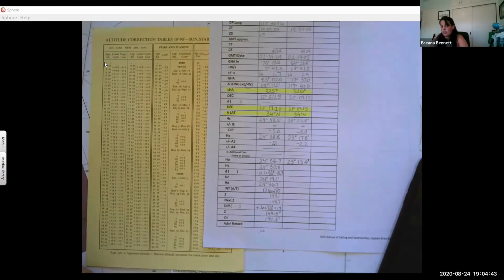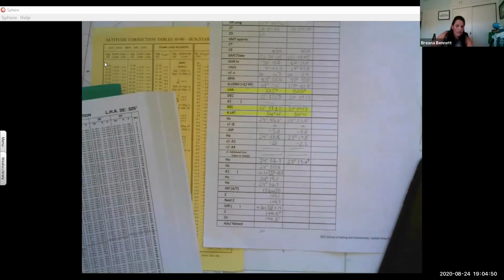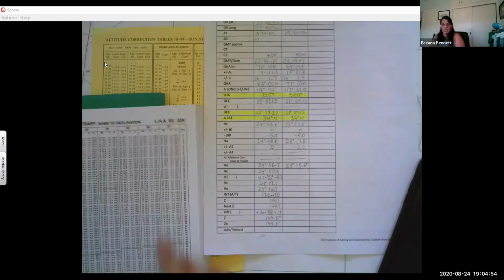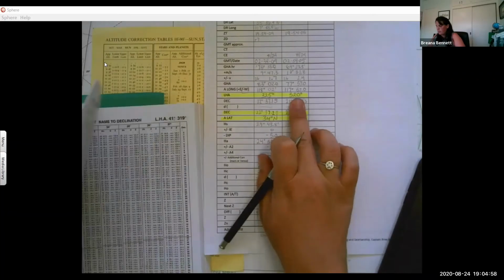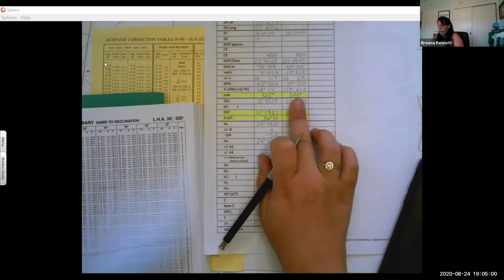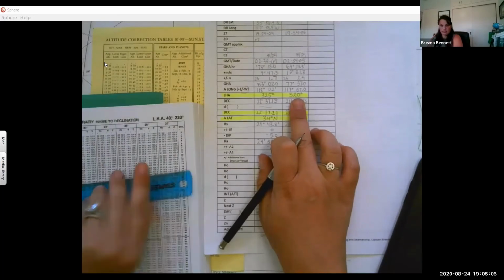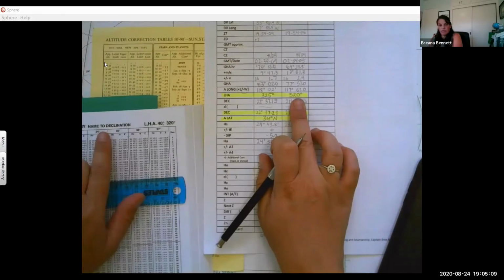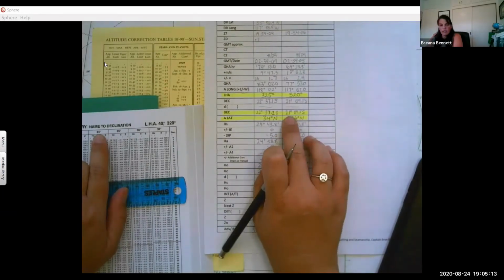So that was Jupiter. Now we're going to calculate our altitude and our azimuth for Saturn. So our LHA was 320. So we have LHA 320, 34 degrees north, and then our declination was 21 09.